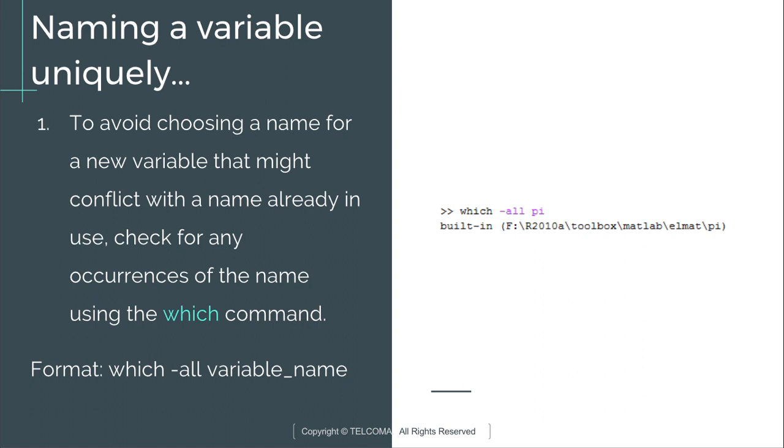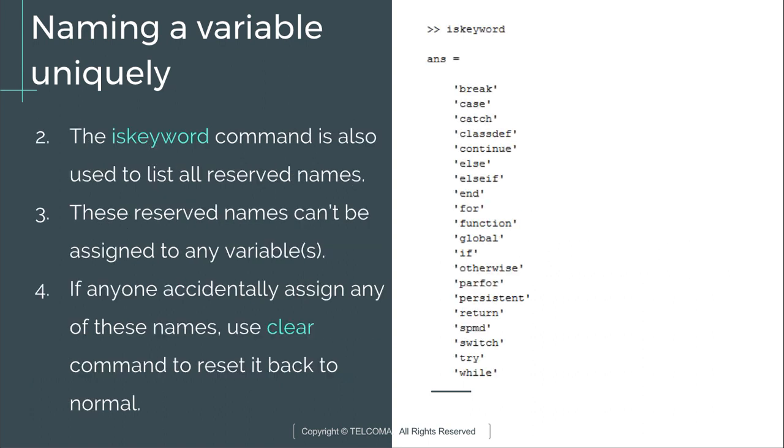So you can search for the occurrences of the names which are already in use in MATLAB, like for example, which space dash all space pi. This will show you that this name is already in use within the software. The iskeyword command is also used to list all reserved names.